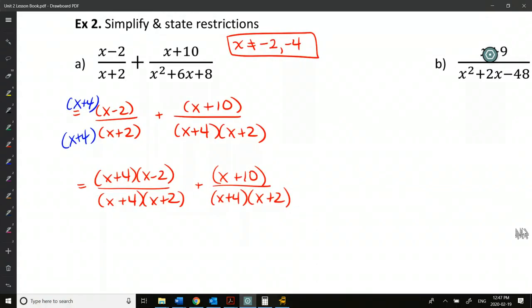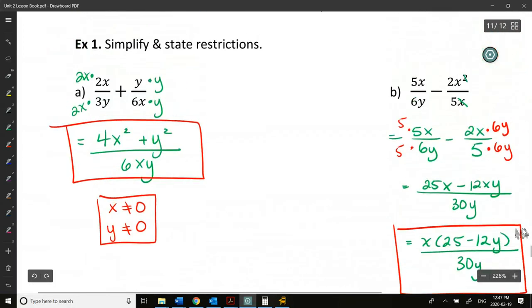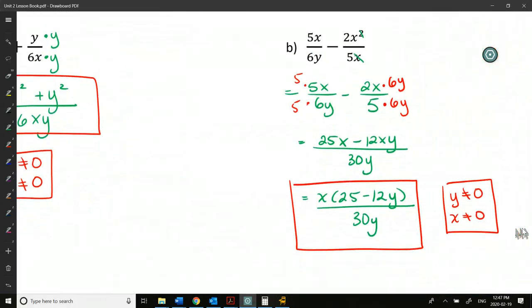Okay, and now that we have a common denominator, we can merge these together in one fraction. So don't get confused just because there's different binomial brackets here that are being multiplied. What we do in a regular question is once we have a common denominator, we keep the denominator and put the numerators together.